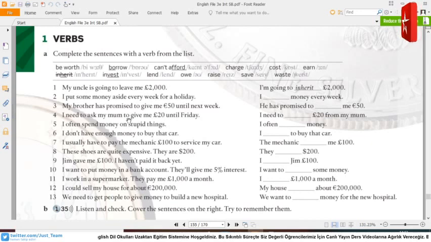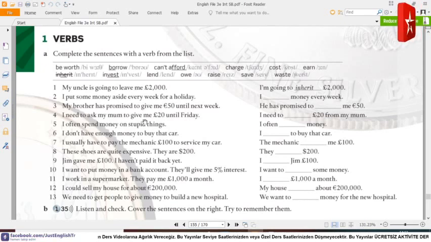And I'm waiting for your answers for sentence number 3. So my brother has promised to give me 50 euros until next week. So he has promised to. Which one should we choose? Lara says, yeah, it's lend. Thank you, Lara. Frat also.